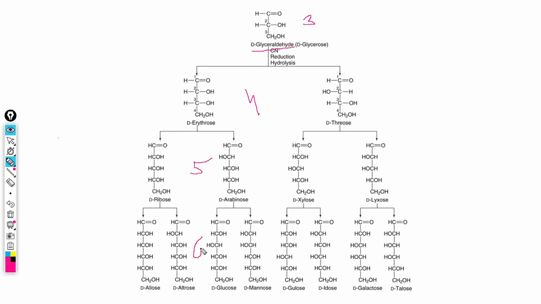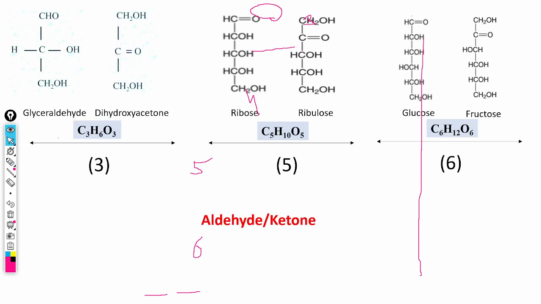And the C6 are allose, altrose, glucose, mannose, gulose, idose, galactose, talose. They are all formed from this glyceraldehyde, but this is only the aldehyde form. In the ketone form also there are different types of monosaccharides, and they are formed from dihydroxyacetone.